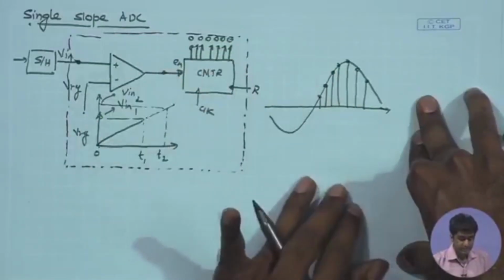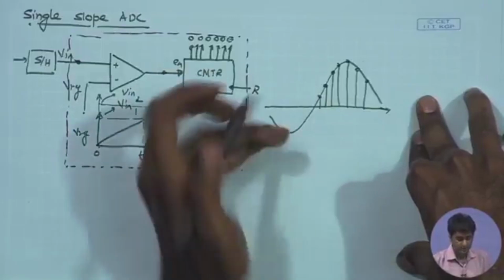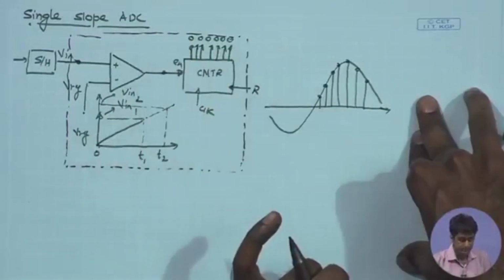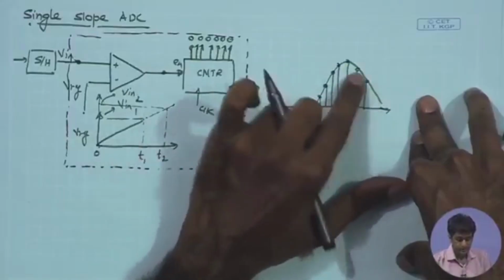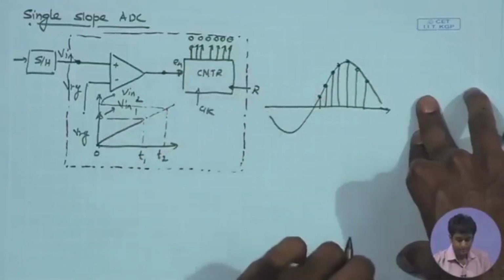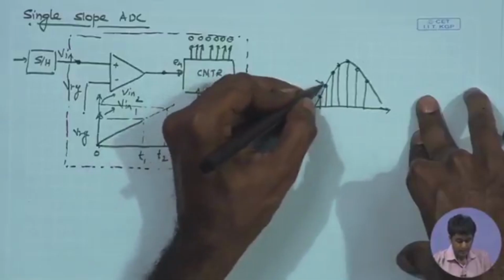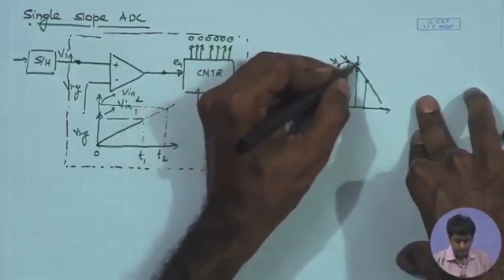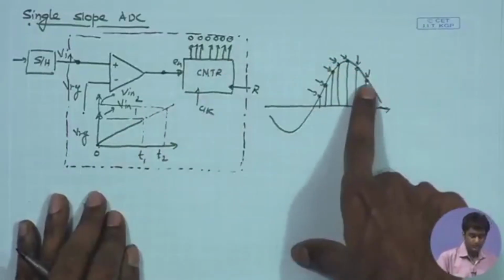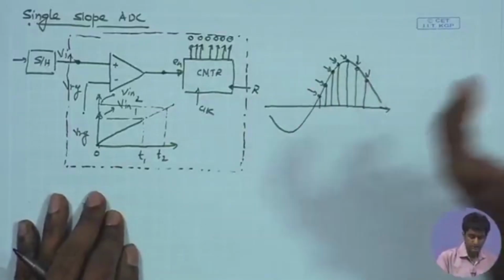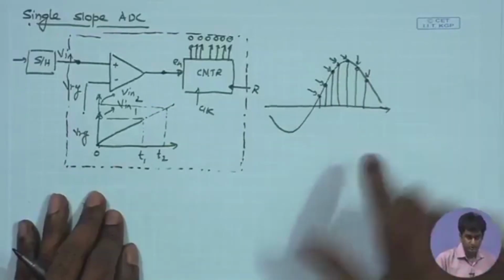If we know the maximum frequency content of the signal, we can determine the sampling rate as 2 times that frequency, and that is going to give me the interval between the sampling points. And these are the analog values which are sampled, which are of our interest and which are going to be converted into the corresponding digital word representation.